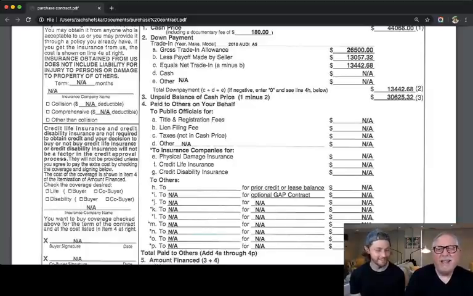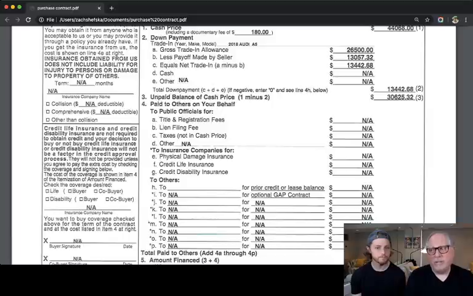So the reason that there's no title and registration fees or lien filing fees or taxes or anything else at this point is because the customer who's buying this car is going to have to pay those with cash when he registers the car in his state. So ordinarily, if this was an in-state deal, then you would see whatever the title and registration fees are.